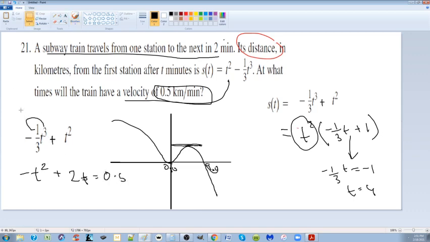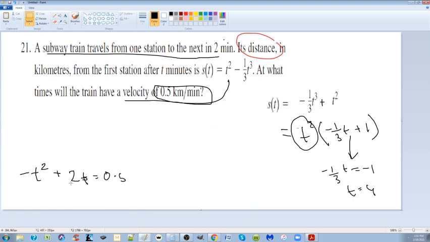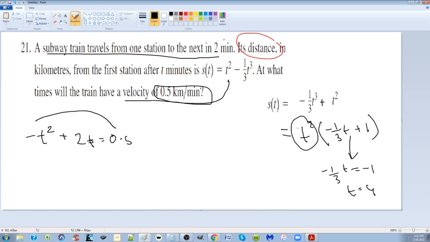Clearly, we have a trinomial. So if I put everything into this side, I get t squared minus 2t plus 0.05. And if I just multiply things by 2, I get 2t squared minus 4t plus 1.